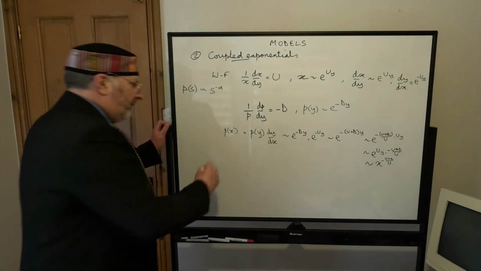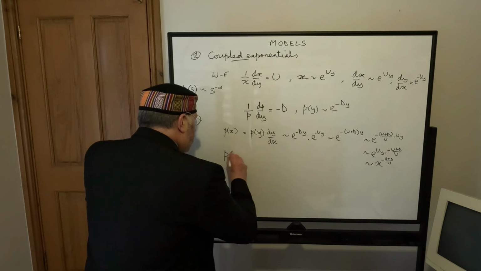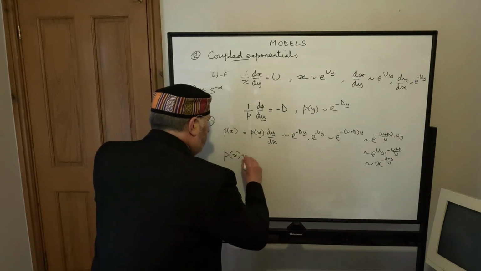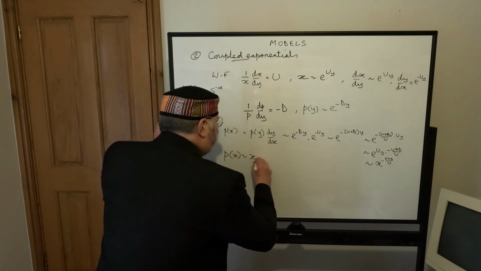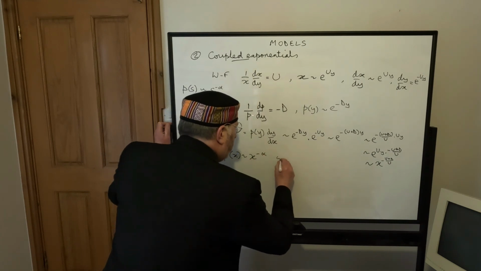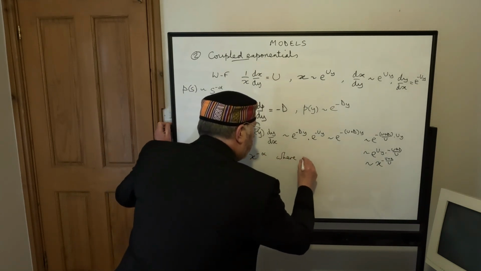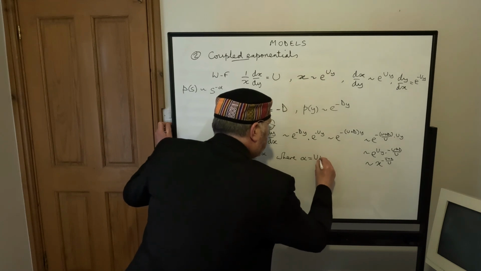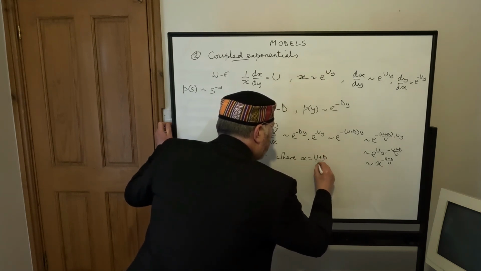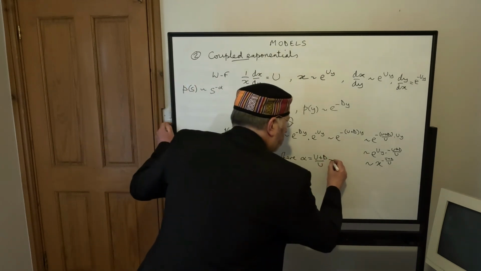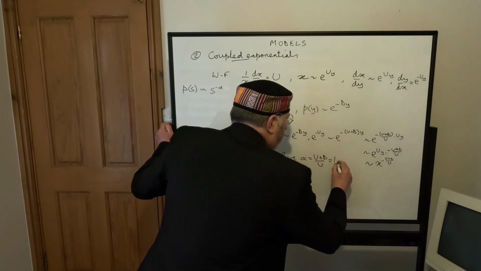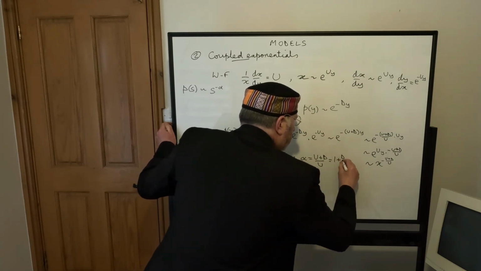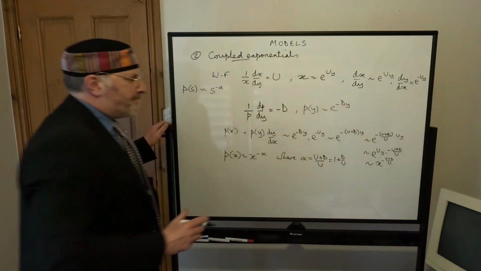So in this case, we've got P of x proportional to x to the minus alpha, where alpha equals u plus d over u, or we could write that as 1 plus d over u.